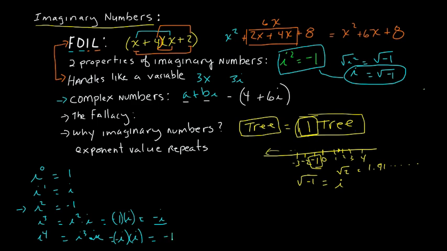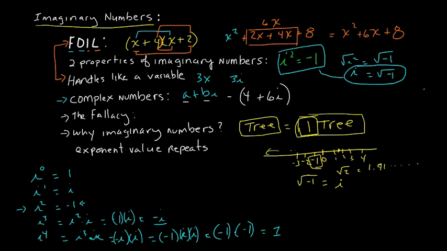So this is -1 times i times i. i squared is by definition -1, so this equals -1 times -1, and that is just 1.